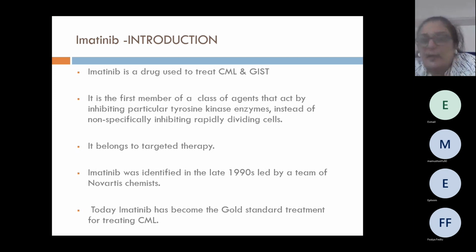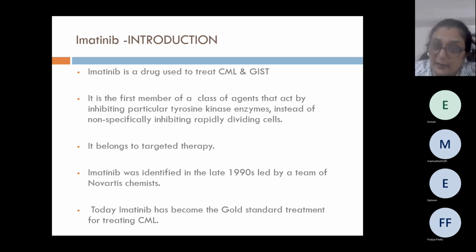So the advantage of imatinib was that it was pinpoint. It was inhibiting the tyrosine kinase enzyme, which was actually responsible for making the abnormal cells. So imatinib had a very pinpoint and targeted approach. Therefore, it was preferred. It belongs to targeted therapy.